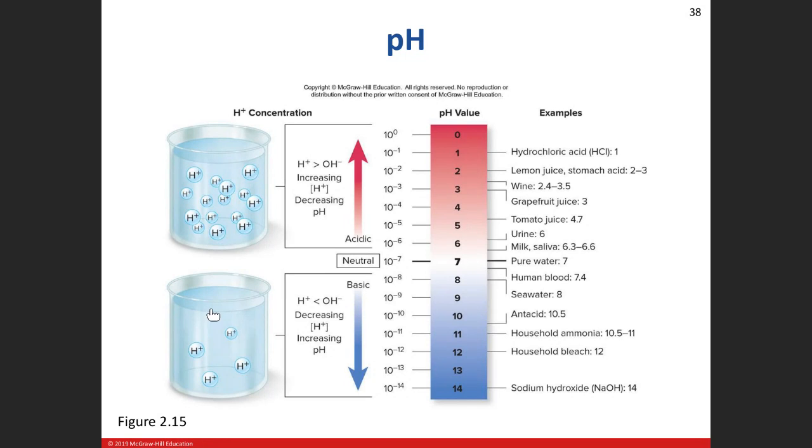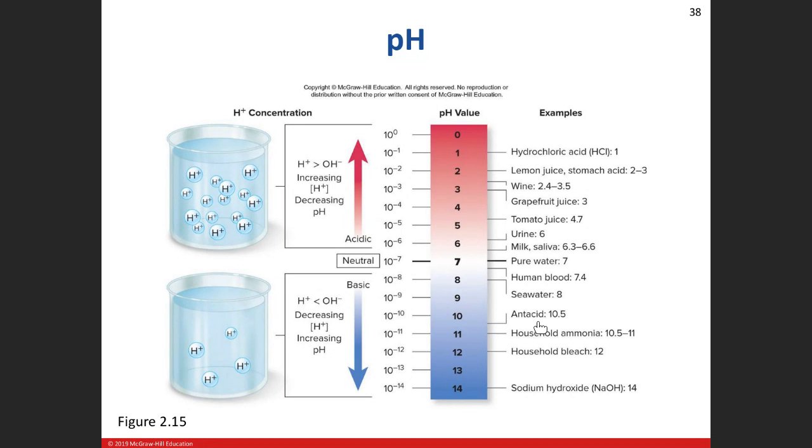Now we go down here to this beaker, it shows just a few hydrogen ions. So we can say that solutions that have a low hydrogen ion concentration, you'll have more hydroxide ions. They'll have a high pH value, so they'll be basic. And you can see sodium hydroxide, for example, bleach, ammonia, antacids.